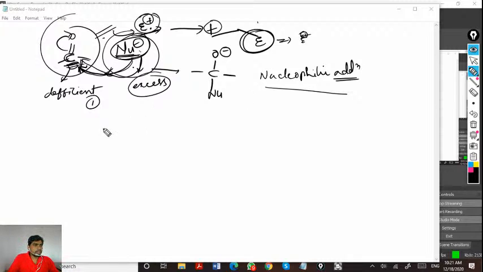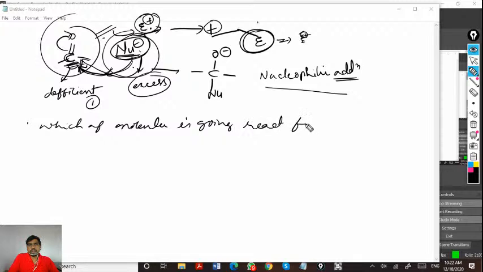The question may be asked as follows. Which molecule is going to react fast in nucleophilic addition reaction?